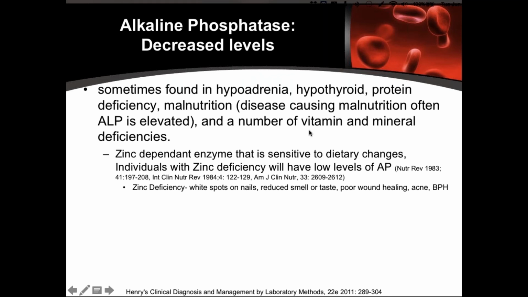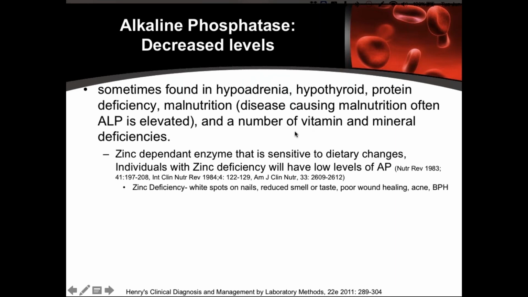And I would say that increased phosphatase is going to have a higher sensitivity than decreased phosphatase. In other words, if you see increased phosphatase, there's a pretty short list of what your differential diagnoses are going to be. We just talked about a few of them.